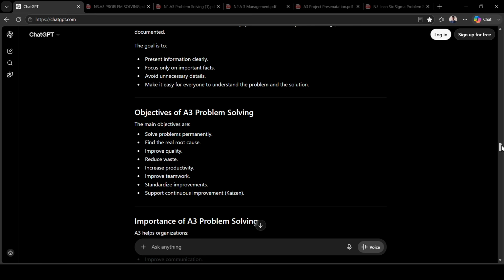Objective of A3 problem solving. The main objectives are to solve problems permanently, find the real root cause, improve quality, reduce waste, increase productivity, improve teamwork, standardize improvement, and support continuous improvement like Kaizen.